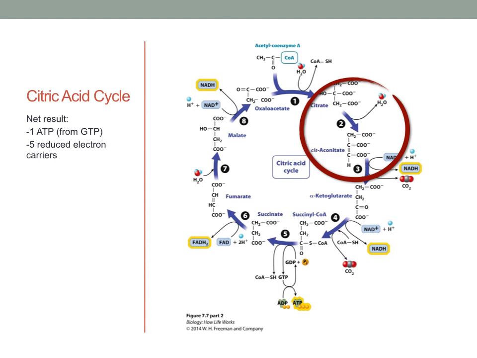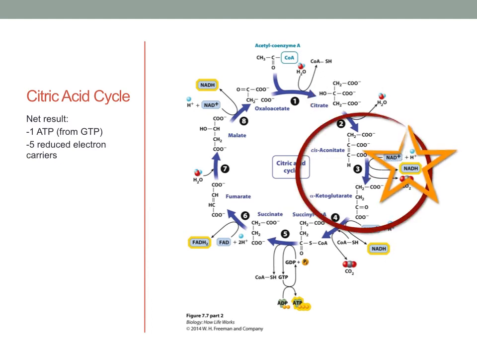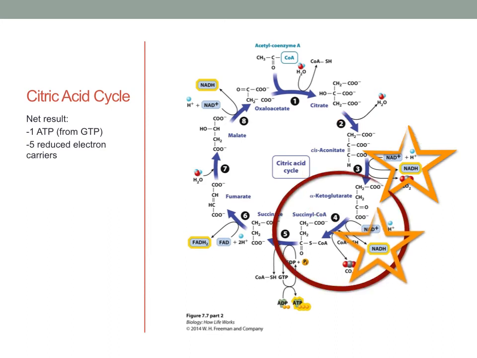Now that we have the cis-aconitate, it will be converted into the alpha-ketoglutarate, and this reaction will produce one electron carrier. It will also release one CO2 molecule, but the electron carrier will be used later by oxidative phosphorylation. The alpha-ketoglutarate will be converted into succinyl-CoA.